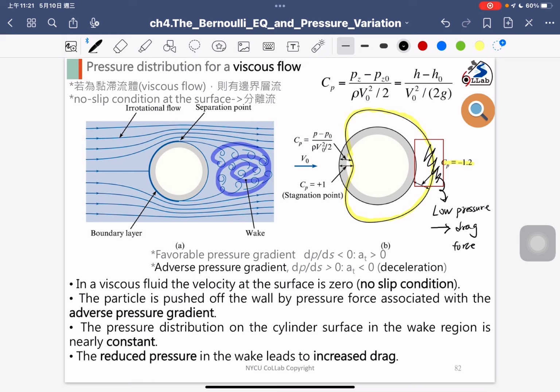Okay, so there are some sentences you can read by yourself, but the idea is that the drag force is caused by the lower pressure region.